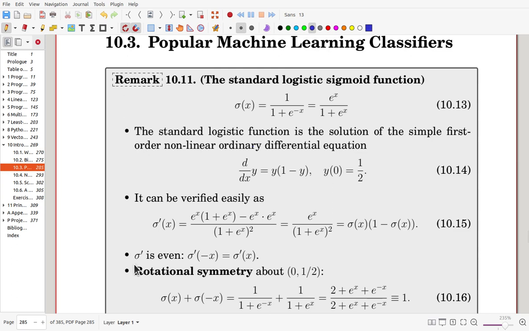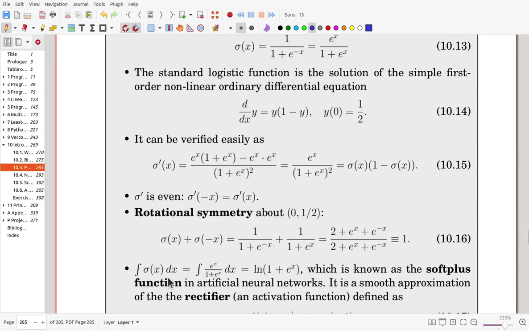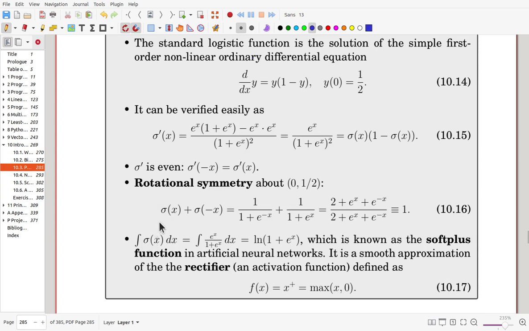Sigma prime is an even function, and it is rotationally symmetric. If you add sigma x and sigma minus x, then it's always 1 for every x.